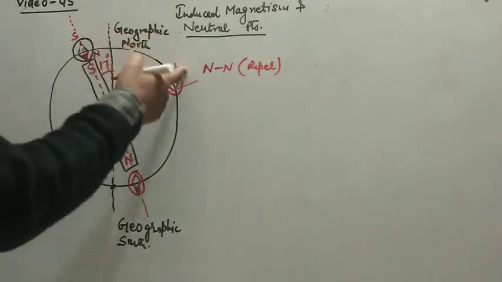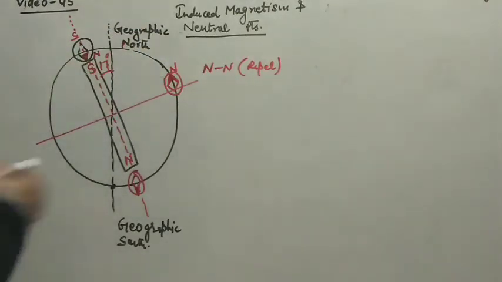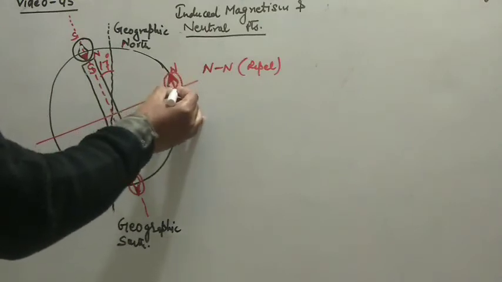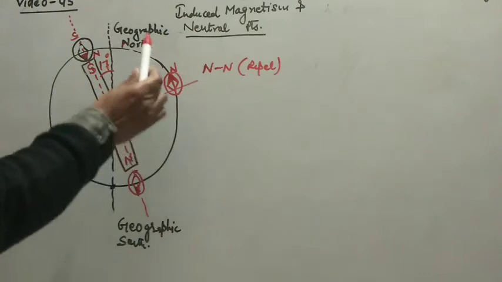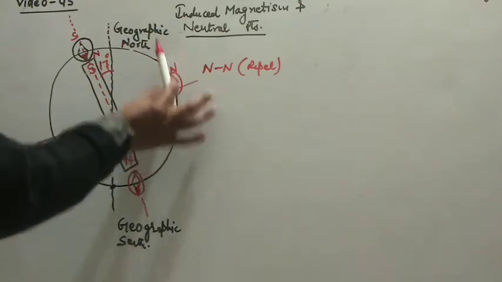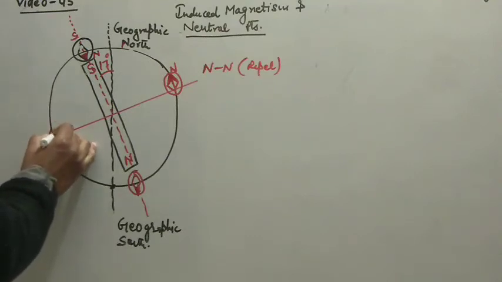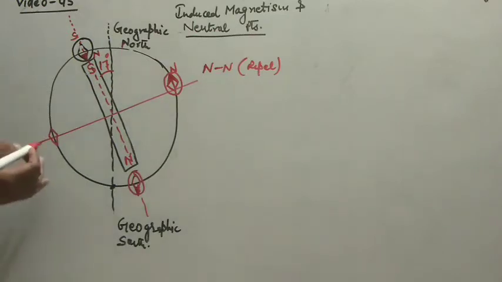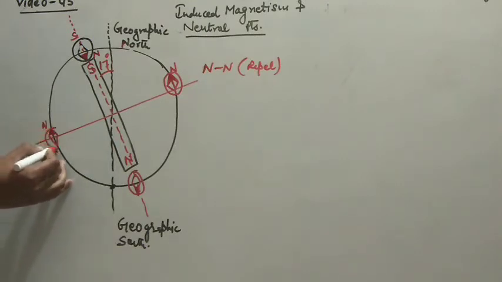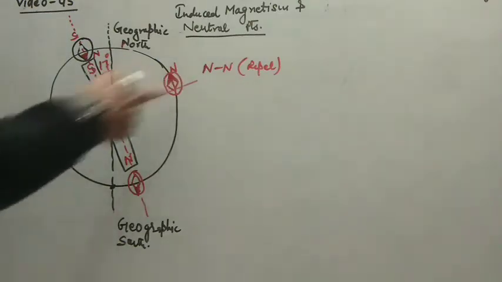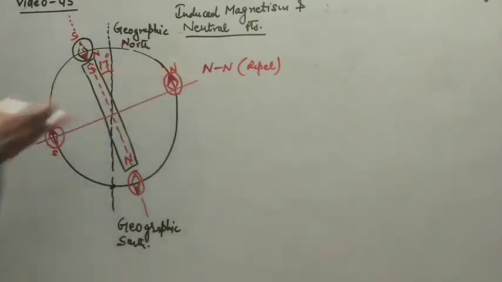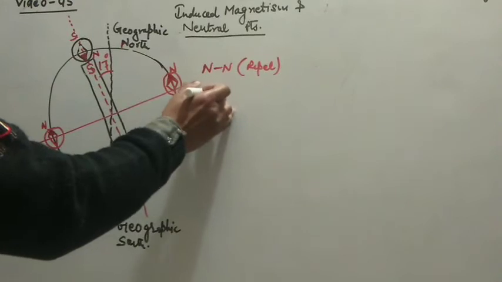So now at this position, the magnetic needle is just coinciding with the horizontal surface, at the equator.